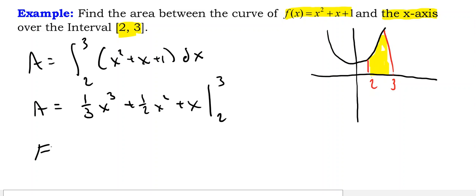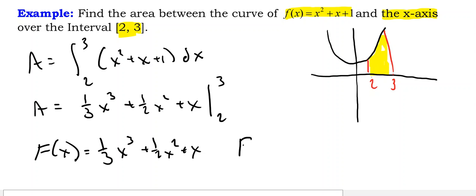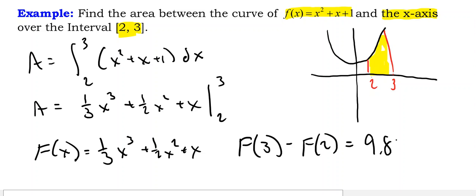In Desmos, your antiderivative would be 1/3 x cubed plus 1/2 x squared plus x. And then you want to find F of 3 minus F of 2. And when you do that, you're going to get 9.83, rounded to the second decimal spot. And so just as we've always been doing, just do this part in Desmos, save yourself from doing all that arithmetic.